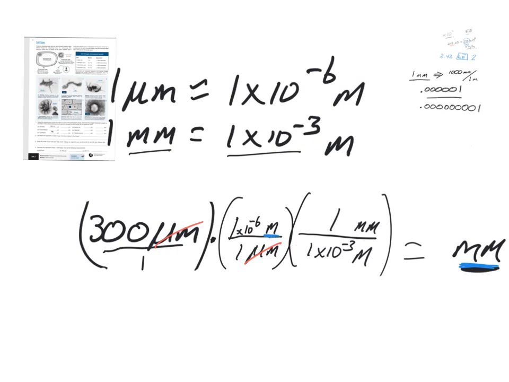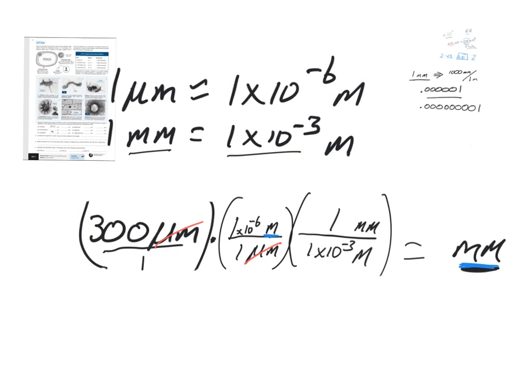So if you're multiplying exponents, you add them. If you're dividing exponents, you subtract them. So in this case, 1 times 10 to the negative 6 divided by 1 times 10 to the negative 3, you're going to subtract the exponents negative 6 and negative 3.